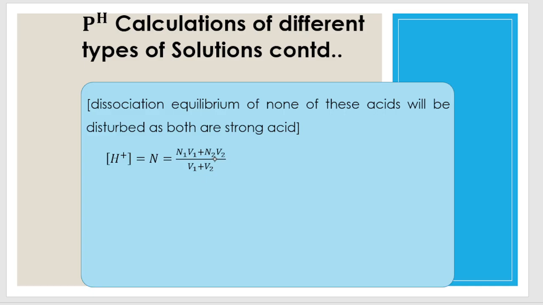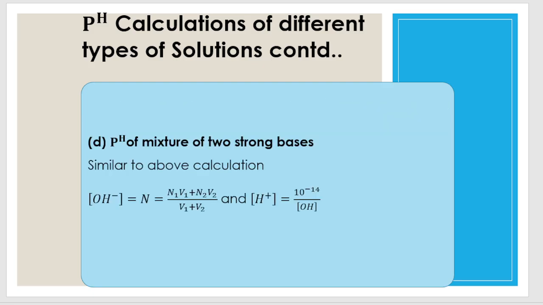Whenever they ask us to calculate the pH, we need to calculate H plus. H plus ion concentration can be calculated using this formula, where N1V1 and N2V2 are the number of equivalents of the two different acids. It is true in the case of bases also. If we add two strong bases and want to calculate the resultant pH, first we need to calculate the OH minus ion concentration.